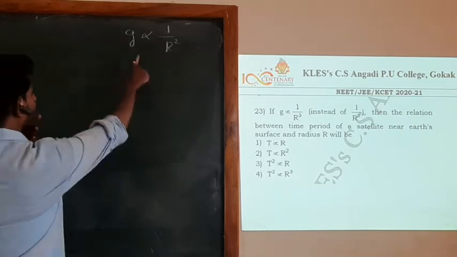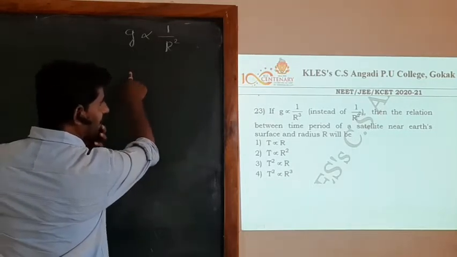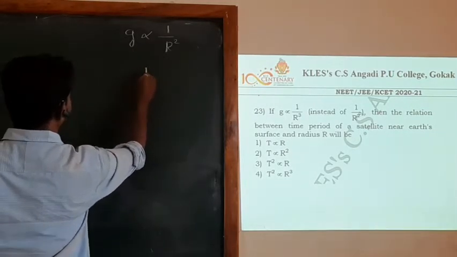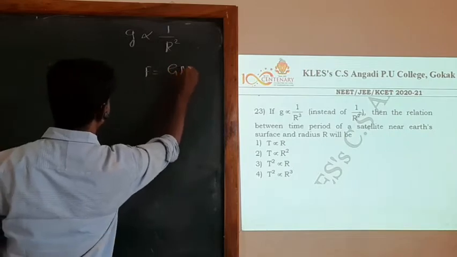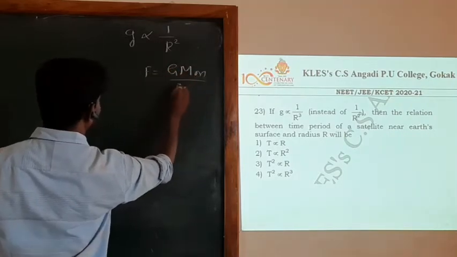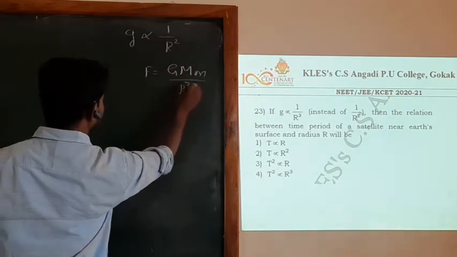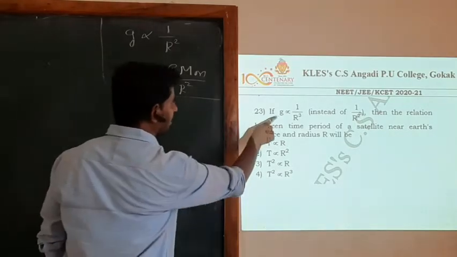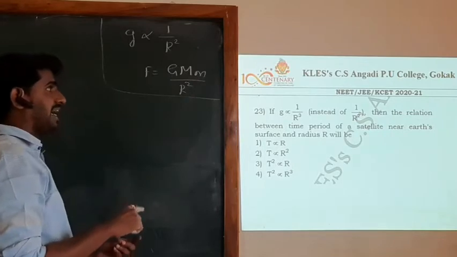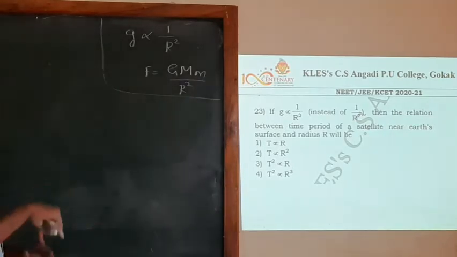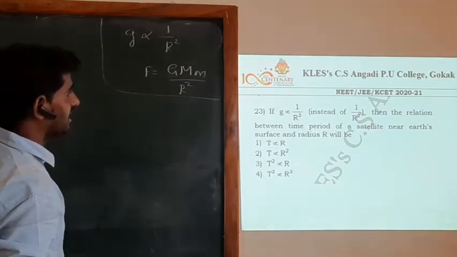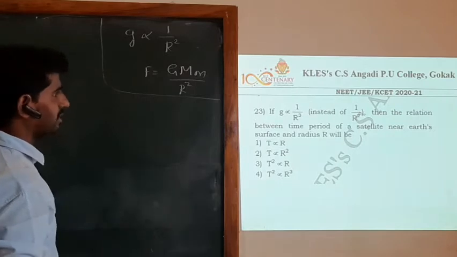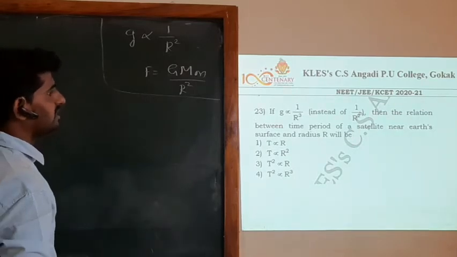The gravitational force is equal to G times the mass of that body, the mass of the Earth, over r square. So it is true. But in this case, they are saying that g is inversely proportional to the cube of the radius, so what would be the time period?